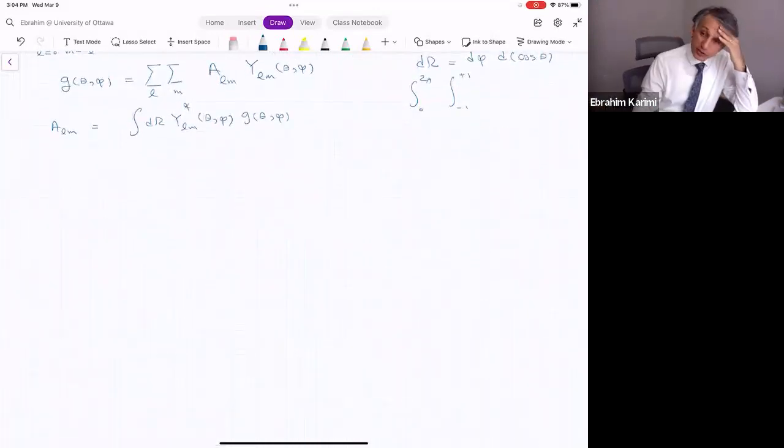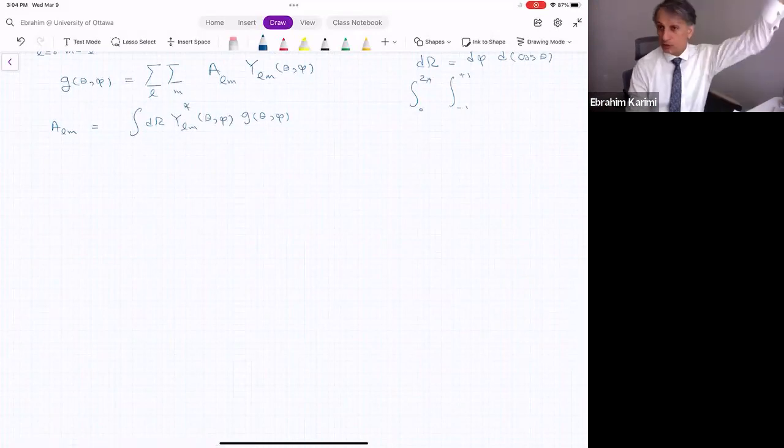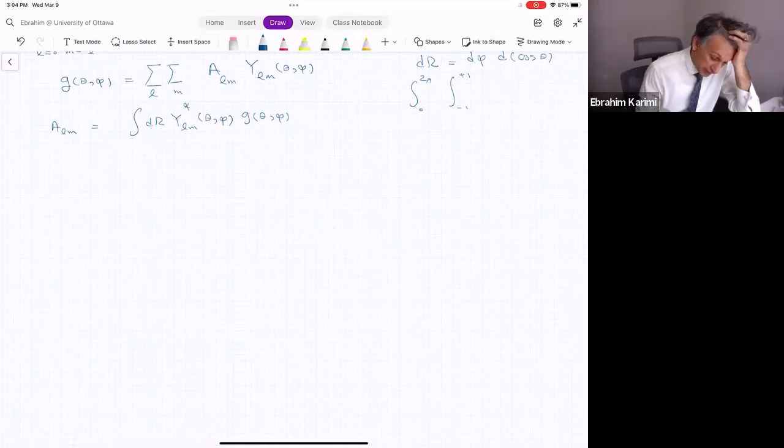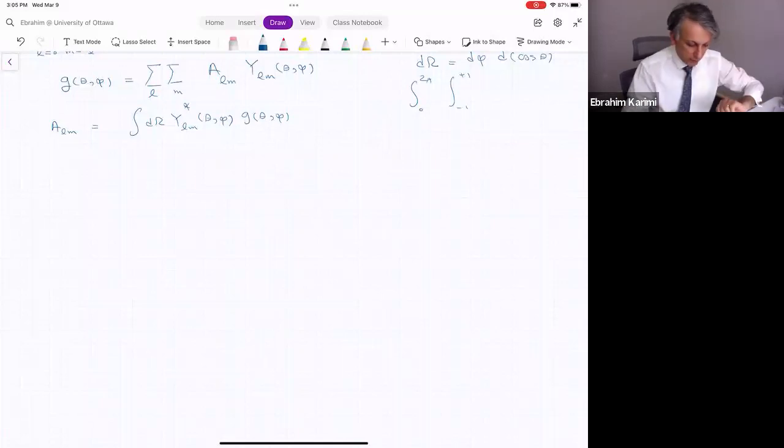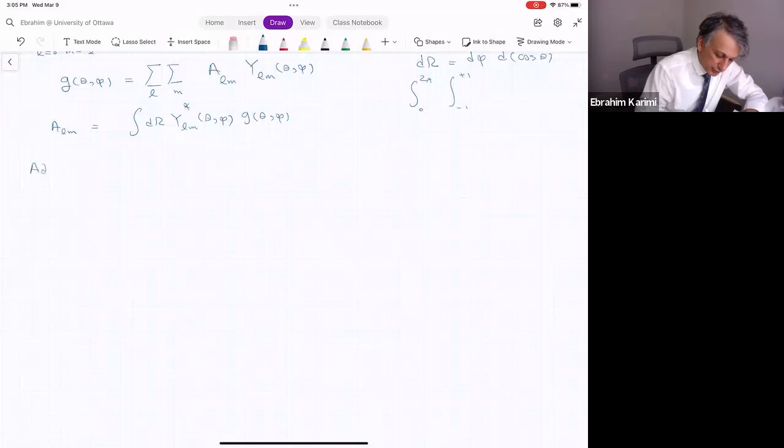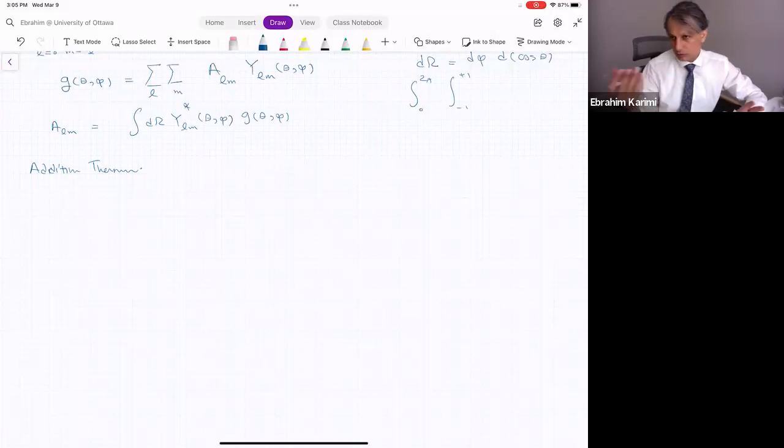There are a lot of important features that you can look at in terms of this series expansion in terms of harmonics. So let's look at one of them, which is very, very important. They call it the addition theorem. The proof is given in your book, and I will just write it down and tell you what I mean by that.